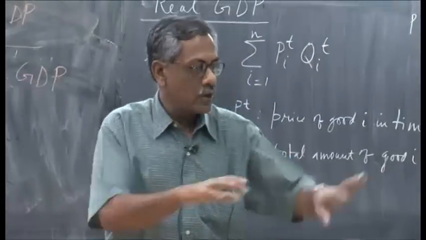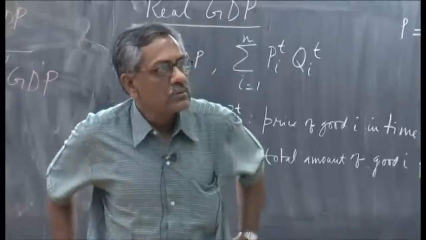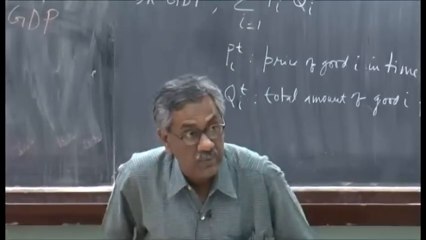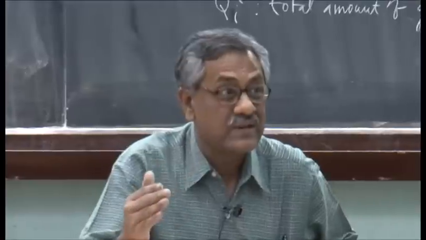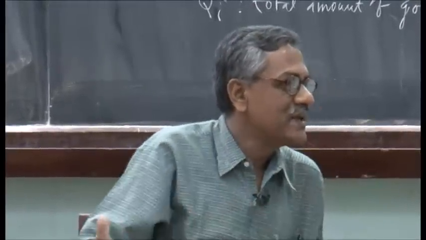Tonight you can check that on your laptop. Please check how they write it. So whenever real values are mentioned, base period prices should always be mentioned, because the value is obtained with respect to a particular set of prices. Otherwise GDP and GNP are all current numbers using current prices, which means they are only nominal values, not real values. Am I being clear, everybody? Very important thing I told you.